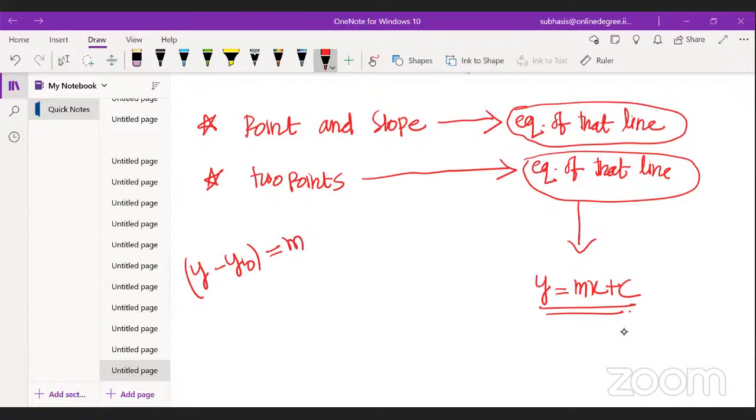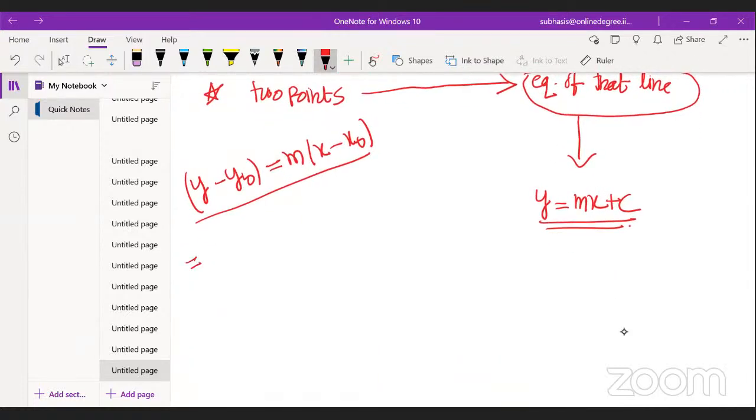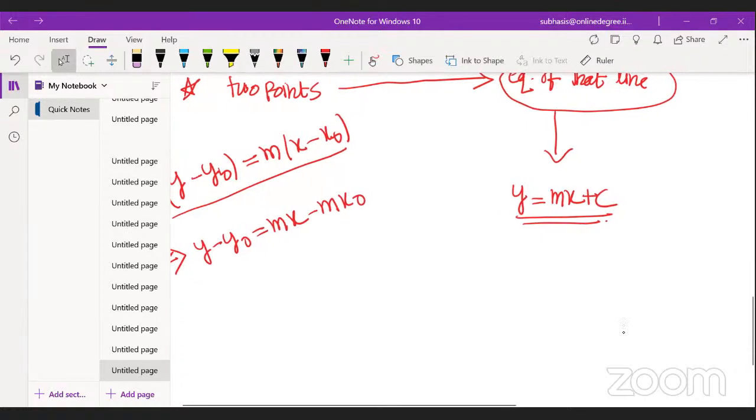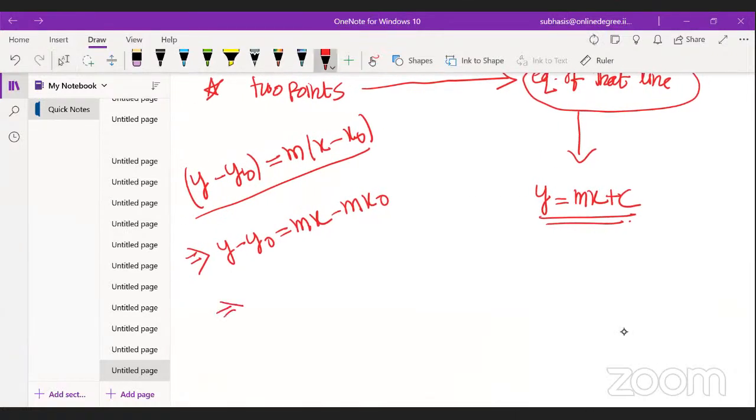Then you can represent that line in this form, y minus y naught equals m into x minus x naught. Then you have y minus y naught equals mx minus mx naught. Take mx from the left hand side and y naught to the right hand side.